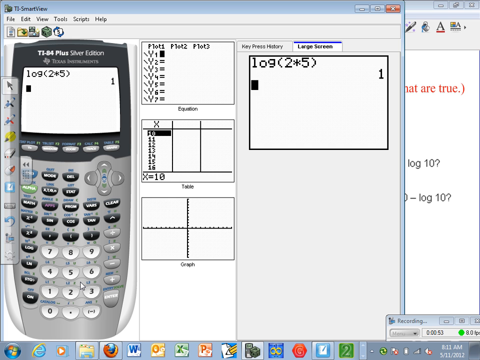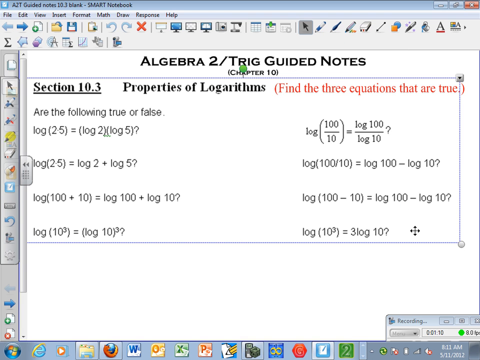So does that equal the log of 2 times the log of 5? Let's go ahead and do that. The log of 2 times the log of 5. And as you can see, we got two different things there, so that's false. So let's go back here. That one is false, so we know that's not true.